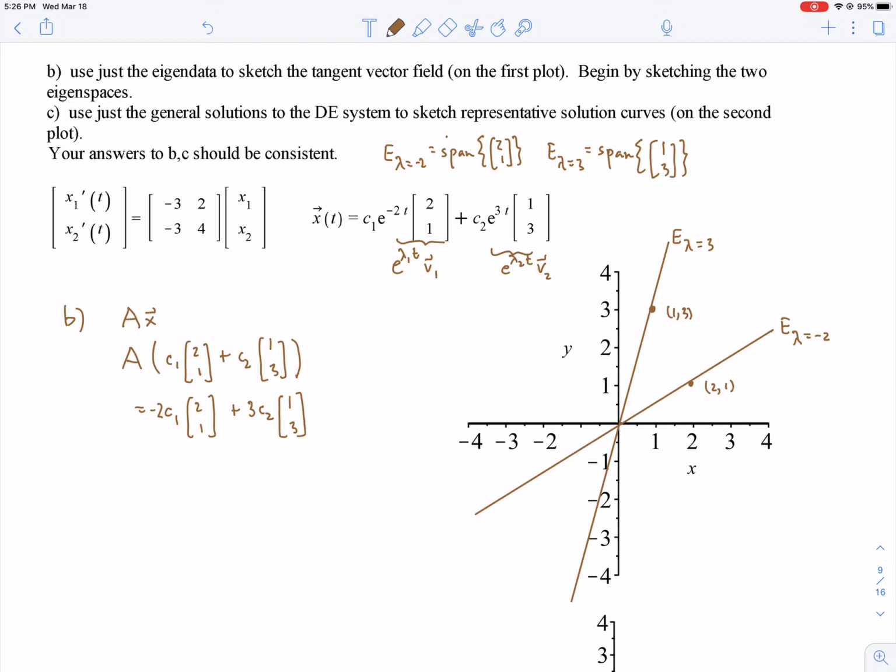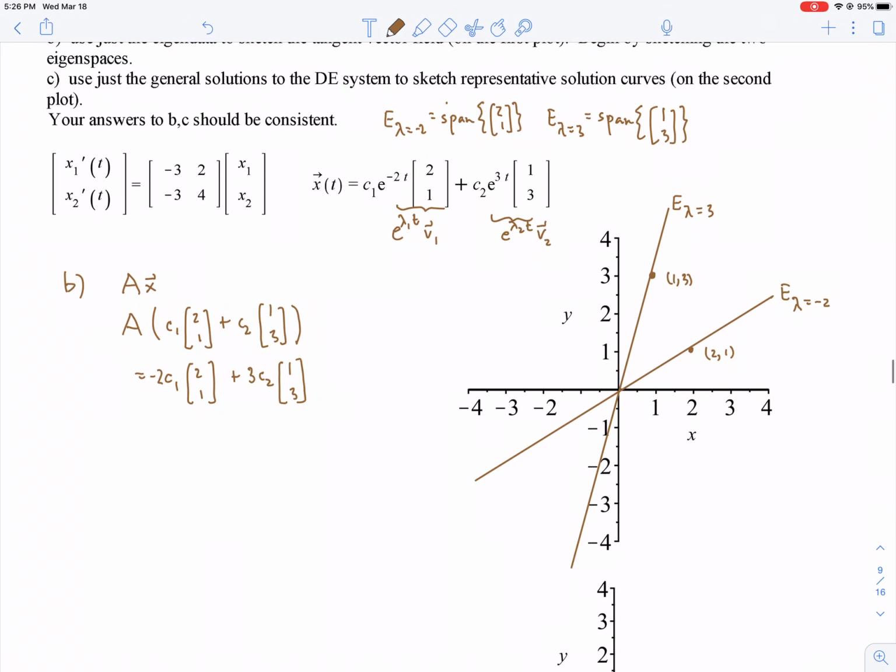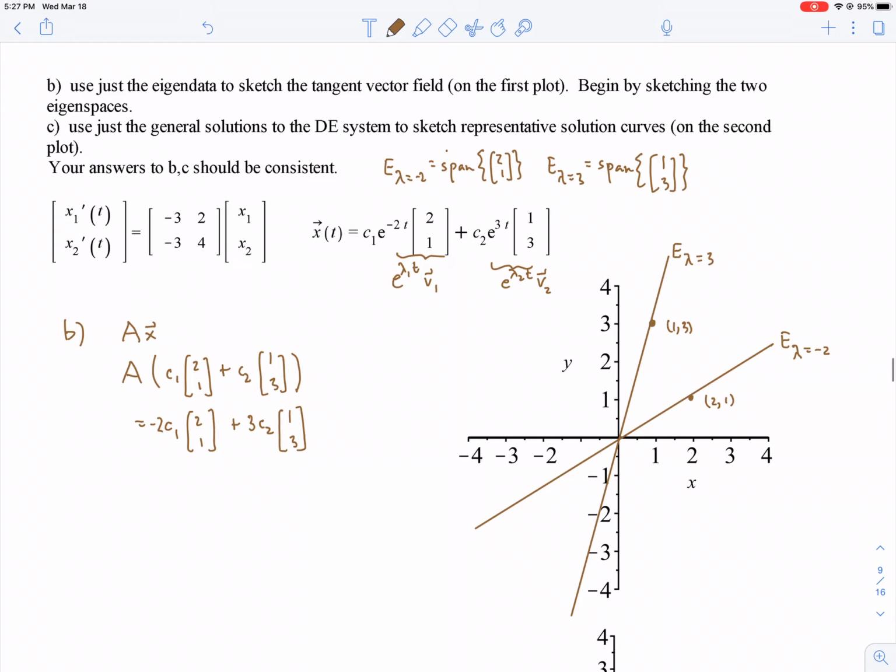And so if I'm looking along the lambda equals -2 eigenspace, that means that the C1 is not 0. Actually, here the C1s are positive along this curve.